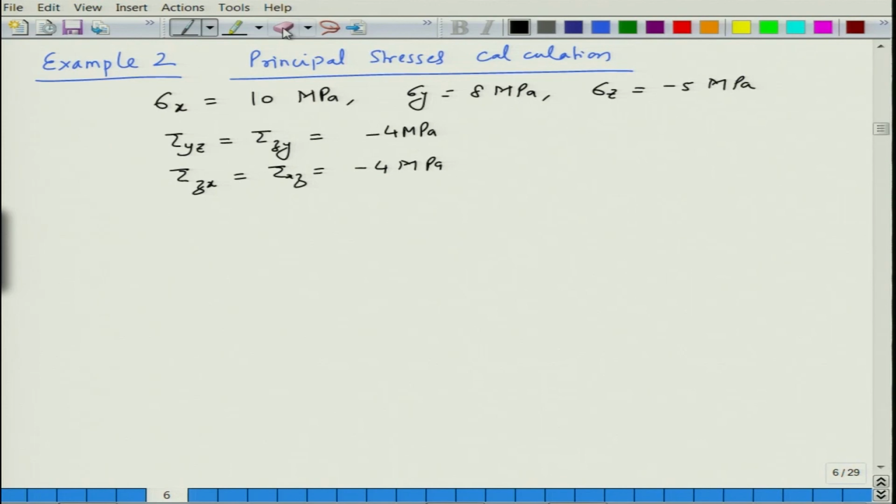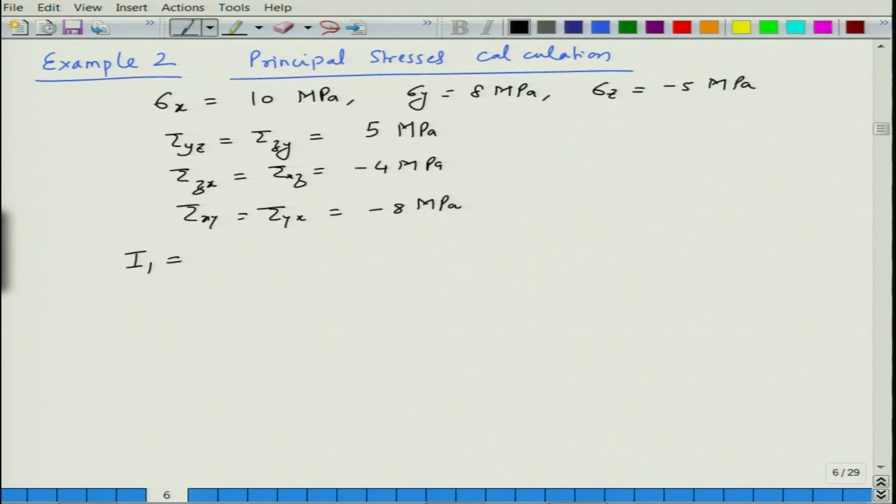Sorry, let us see, the above is 5 MPa, and then tau xy, which is equal to tau yx, is equal to minus 8 MPa. So, we can calculate what I1 is.